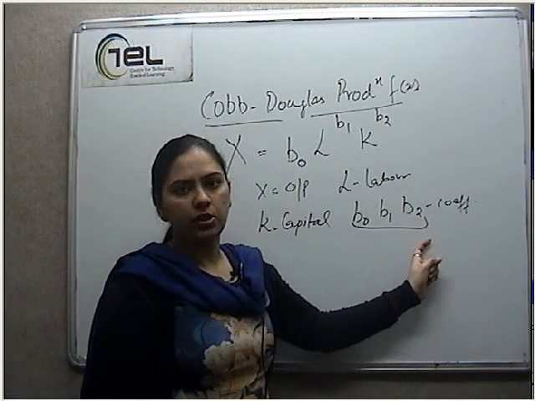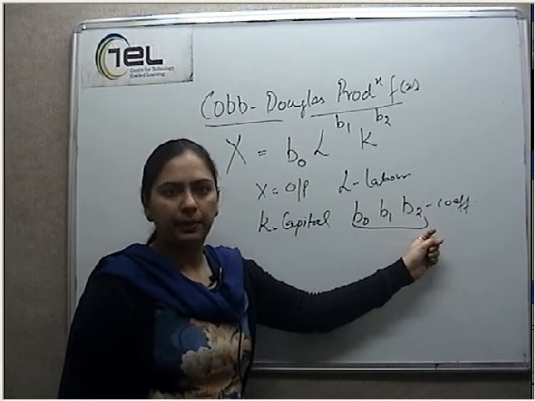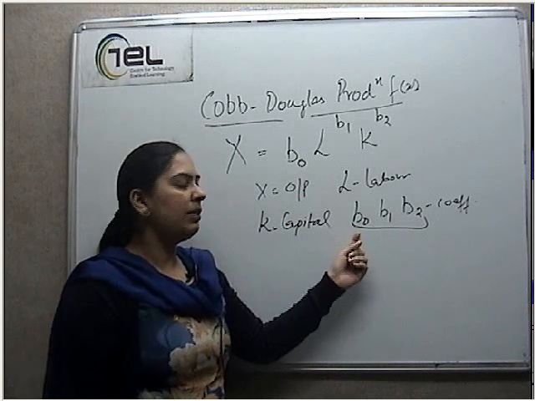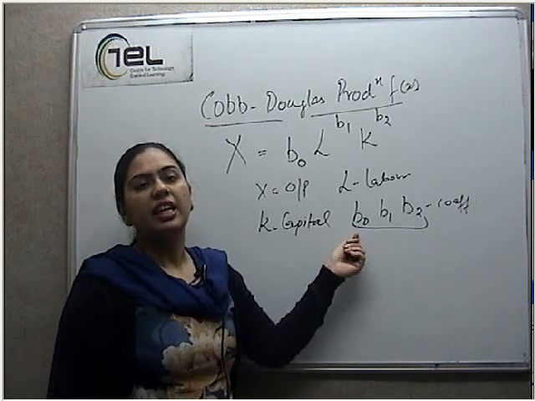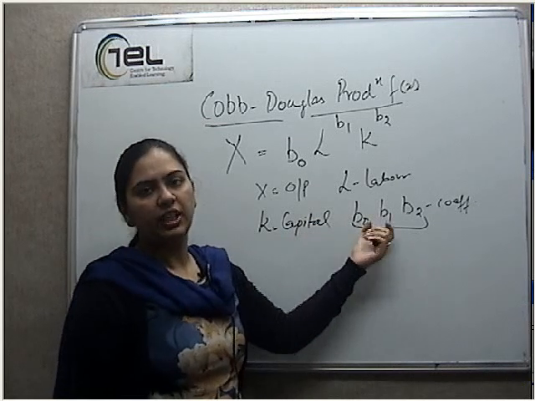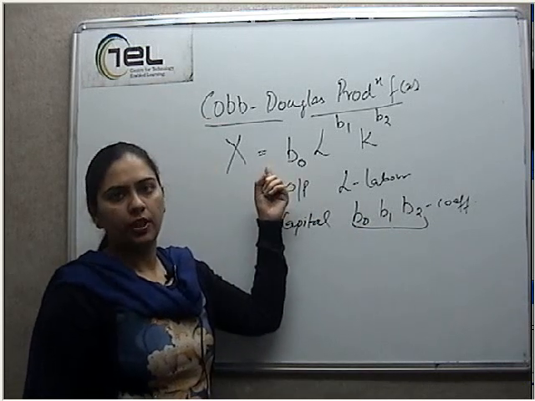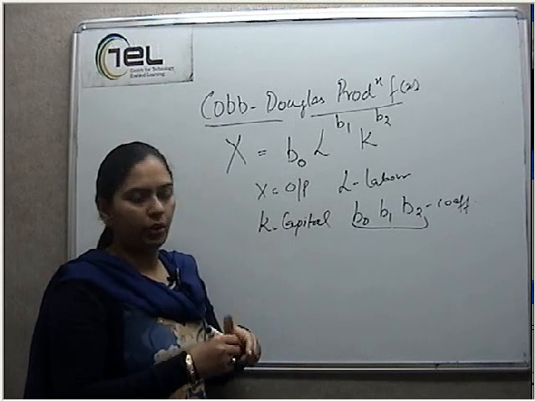B1 and B2 are referred to as the coefficient of labor and capital respectively, and B naught is referred to as the efficiency coefficient. We will discuss each and every detail about the coefficients and the properties of the Cobb-Douglas production function as we move on.